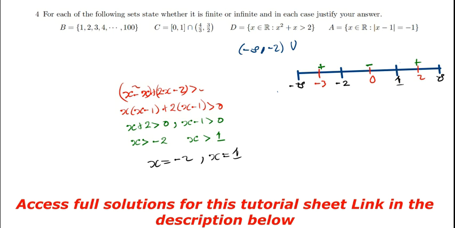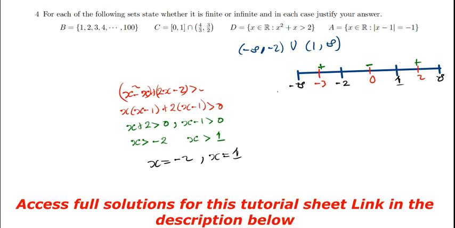We are going to get a number which is greater than 1, and 1 won't be included. So we're going to say from 1 all the way to positive infinity. To come up with this, you use critical points, not these numbers. These numbers in red just help you to decide what the outcome is going to be. So now this is our final result.